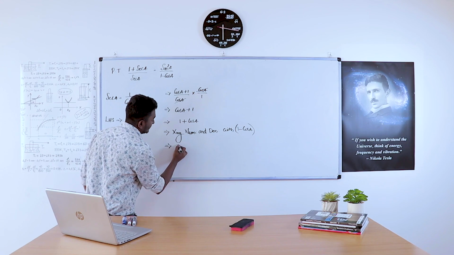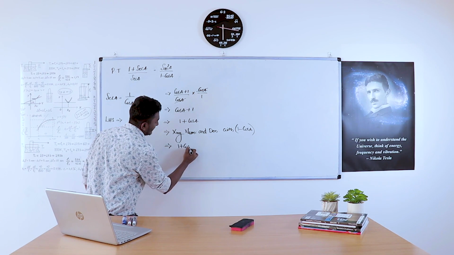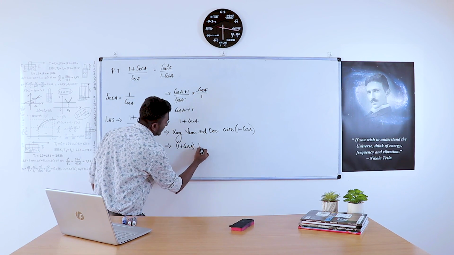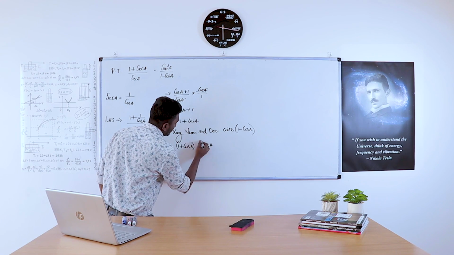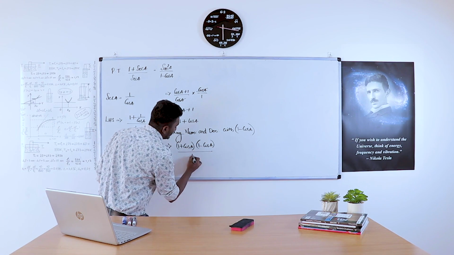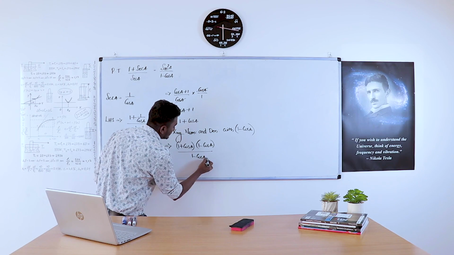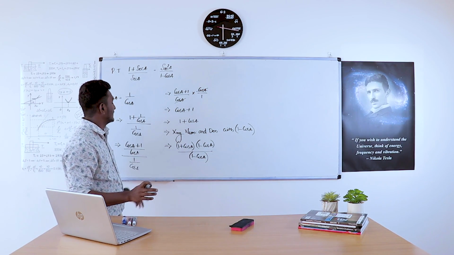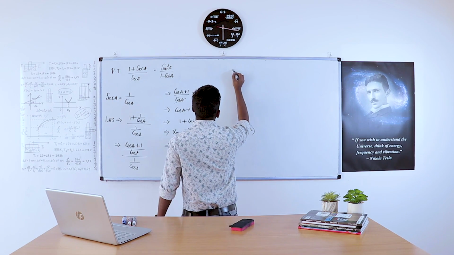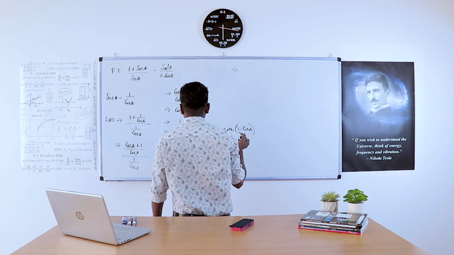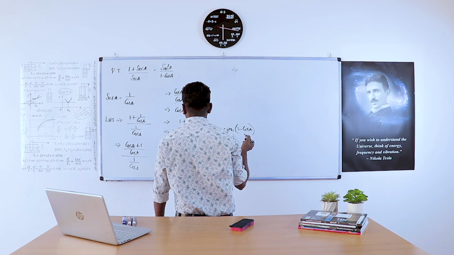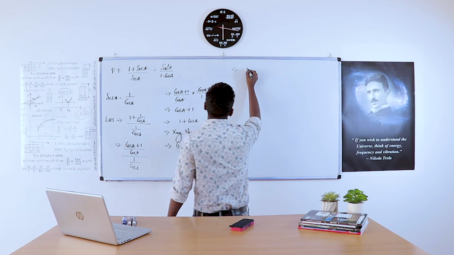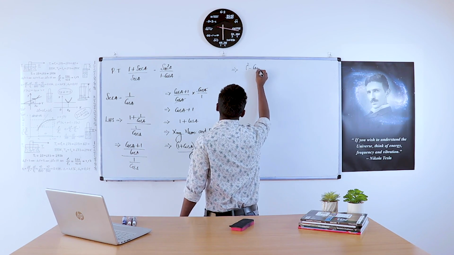Then it becomes 1 plus cos A into 1 minus cos A divided by 1 minus cos A. No change in the value because 1 minus cos A and 1 minus cos A cancel. Then remains 1 plus cos A. So that is equal to 1 plus cos A into 1 minus cos A by 1 minus cos A. A plus B into A minus B is A square minus B square.